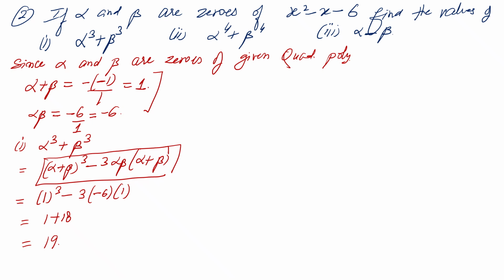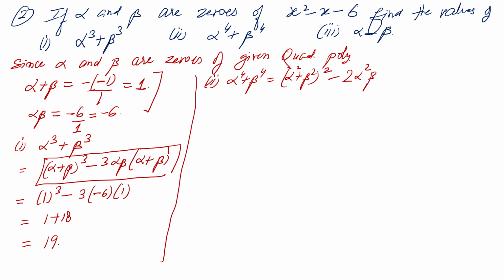Right? For the second part, we have to find alpha 4 plus beta 4. So again, using the identity, this can be written as alpha square plus beta square raised to power 2 minus 2 alpha square beta square.